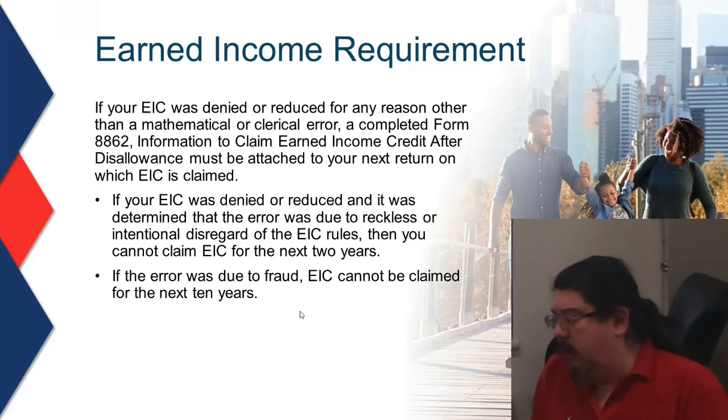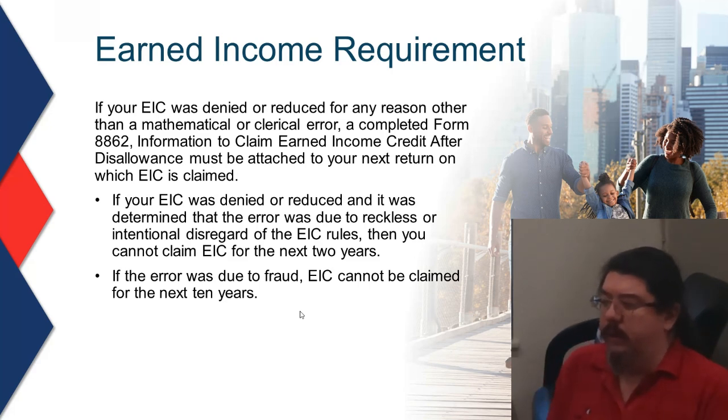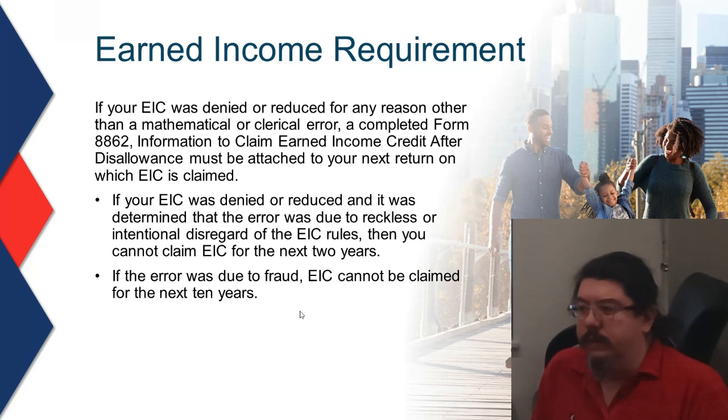If your earned income credit was denied or reduced in the past, then the first time you claim earned income credit again, you have to fill out Form 8862. And it could be denied or reduced because you counted your earned income incorrectly.